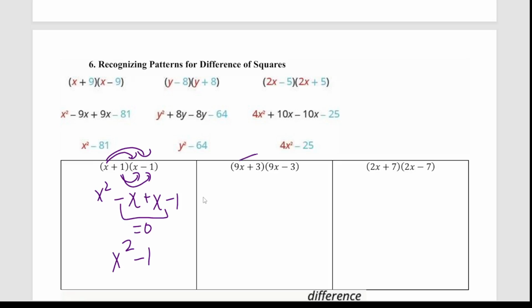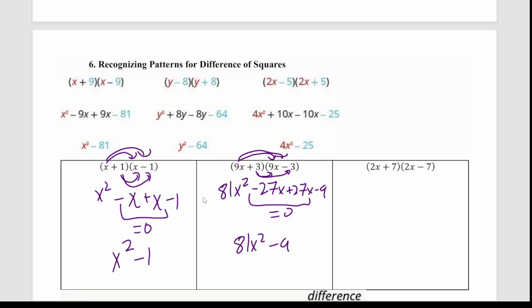Same deal here. If I do 9x times 9x, that would give us 81x squared. 9x times negative 3 gets us negative 27x. Positive 3 times 9x gets us positive 27x. 3 times negative 3 gets us negative 9. And then lo and behold, those middle terms cancel again to make 0.